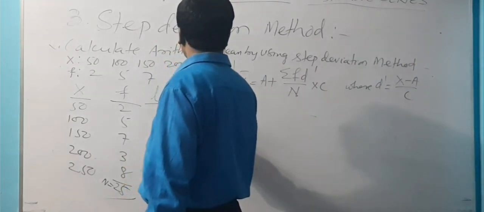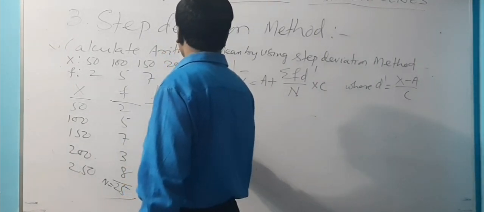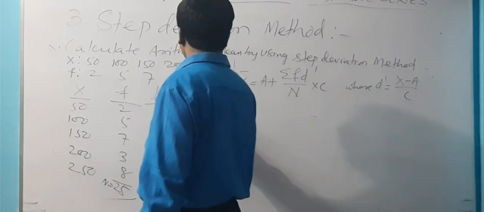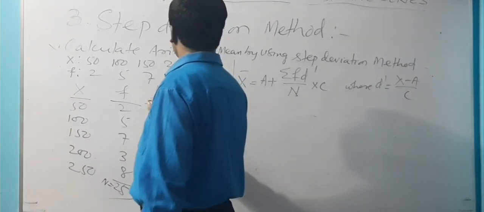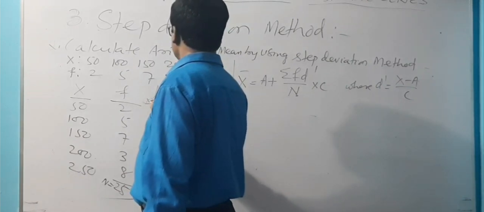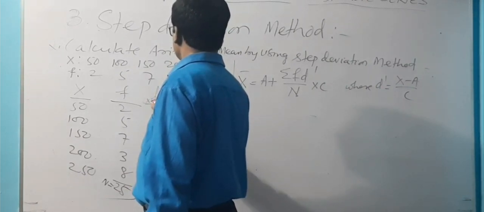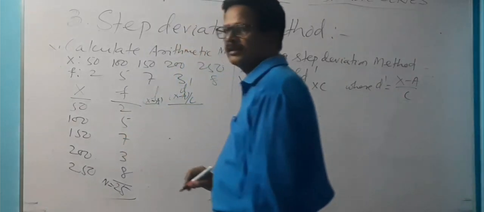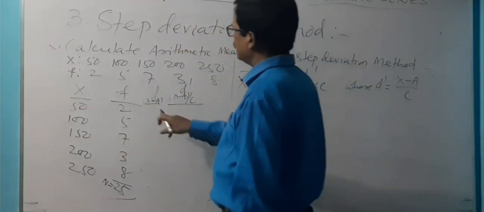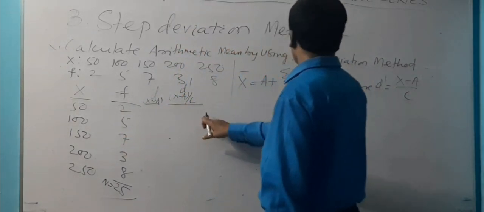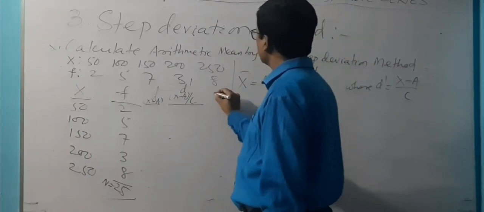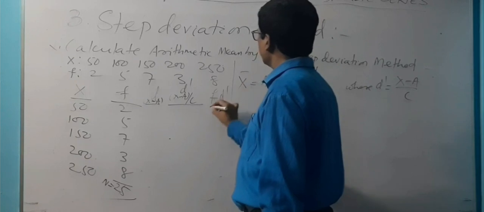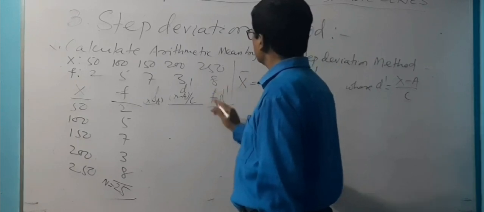Here d is equal to x minus a. Then we have to find d dash, which is equal to x minus a divided by c. Then what to calculate? F d dash, f into d dash. Another column, f d dash.